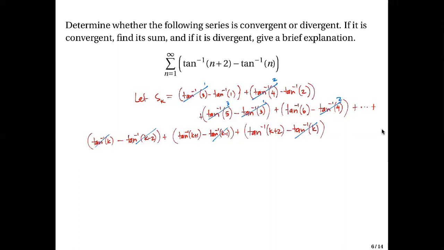So 1, 2. Therefore, your S sub k here will be simplified into tangent inverse of k plus 1, you also have tangent inverse of k plus 2, and then minus tangent inverse 1, and then minus tangent inverse 2.